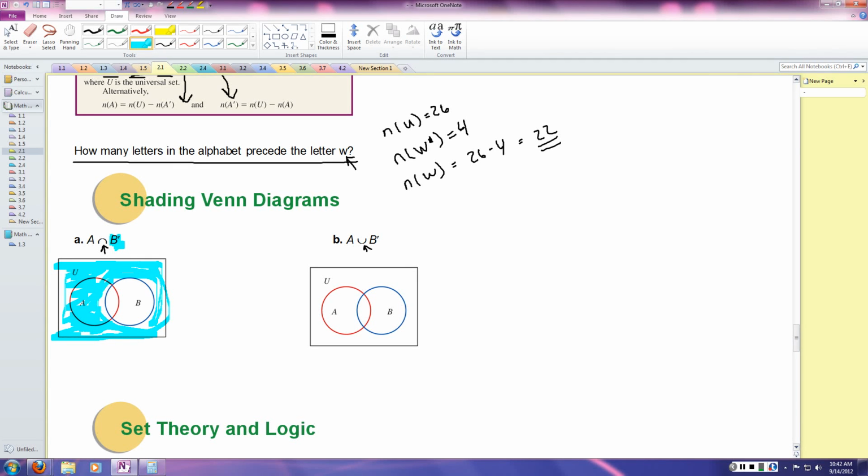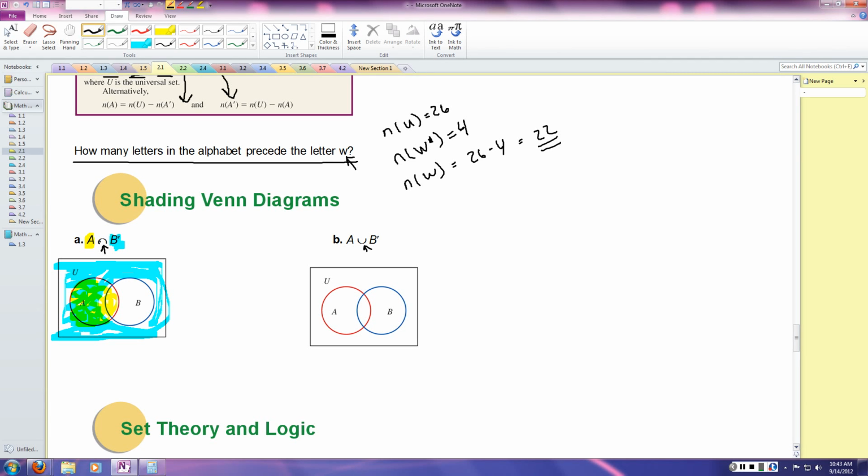And then A is given here, so this is A. So then if I shade in A, it's everything inside the A circle. Everything inside the A circle. So now I need to determine what this symbol means.